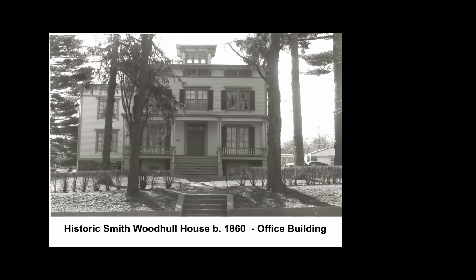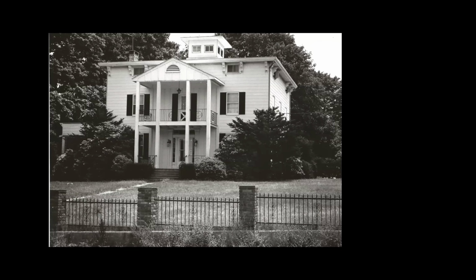It is now an office building. It looks like a residence, but it's used now as an office building. The house next door to it is the same. They're owned by the same family, and they both survive today because they were zoned C1 commercial to allow offices to go in there, and that has saved and preserved the historic nature of the structure.